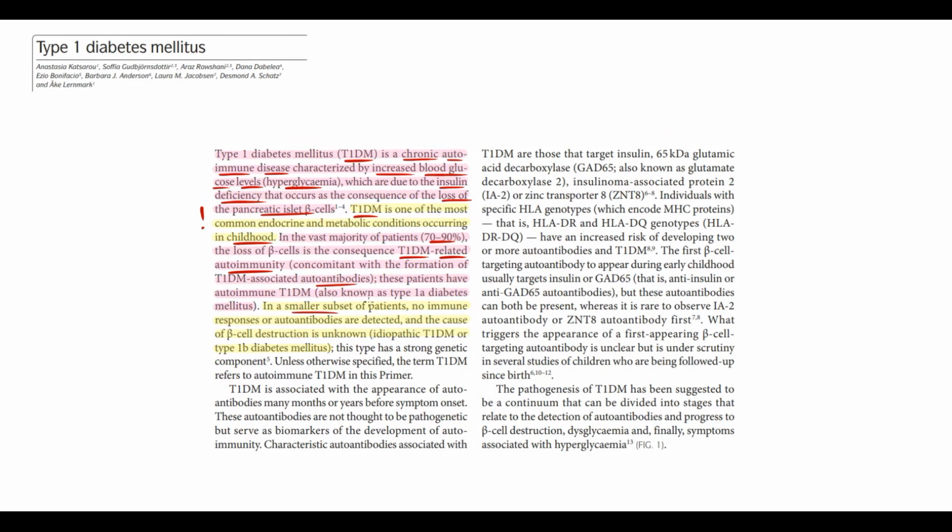In a small subset of patients, destruction of beta cells occurs without autoimmune aggression, and because we do not know the reason why beta cell destruction occurs, we call this subtype idiopathic type 1 diabetes. But idiopathic diabetes is quite rare, so in this case we will concentrate on the most common subtype of type 1 diabetes, which is immune-mediated diabetes.